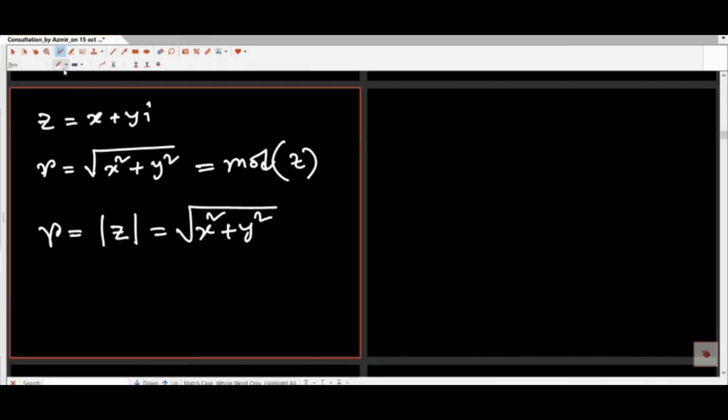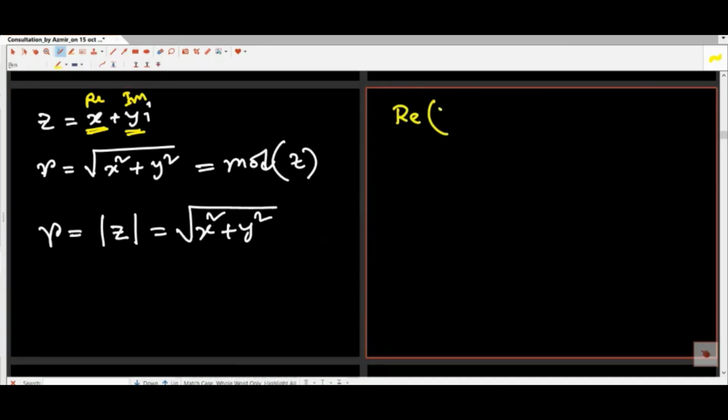That means you can understand that this part is the real part and this part is the imaginary part. If we try to find the real part of z, it will be x. What will be the imaginary part of z? It will be y, because y is adjacent to the imaginary unit i.